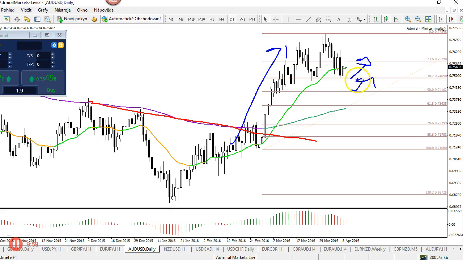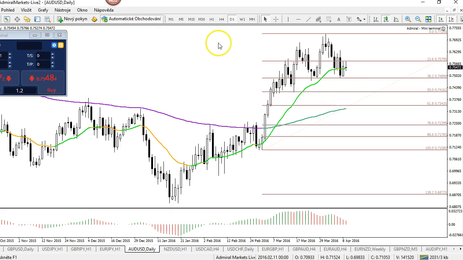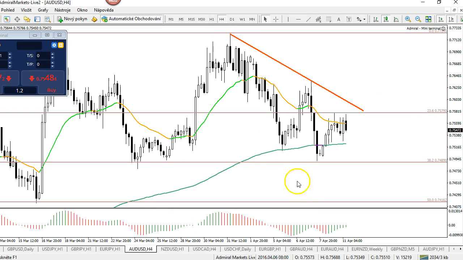If it breaks below the 50 fib, that bullish scenario and trend is definitely off the table, and I'm becoming neutral, more cautious of this Aussie, what it could do in the near future. For the moment, I'm bullish as long as it stays above the 50, and I think that the 38 and the 50 fib could be bouncing spots. So I'm going to keep an eye on those levels.